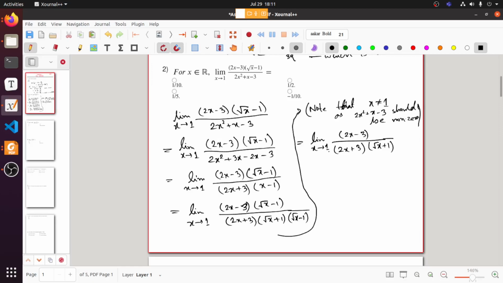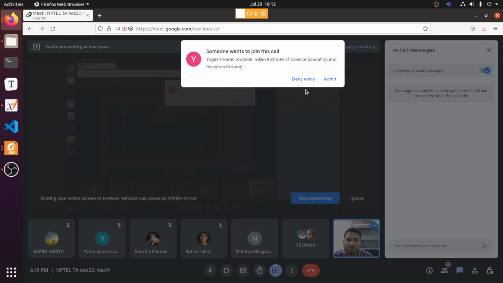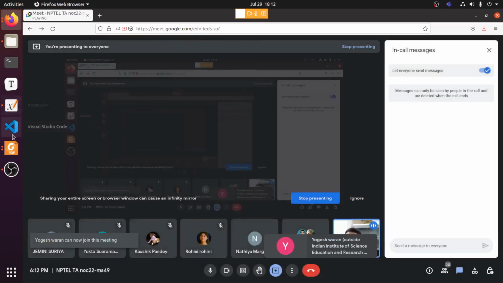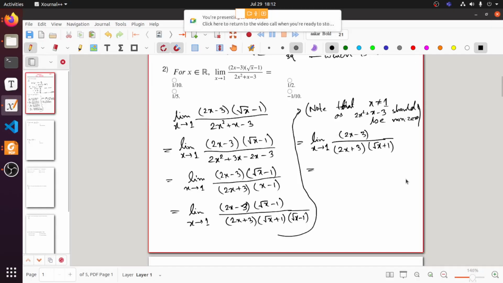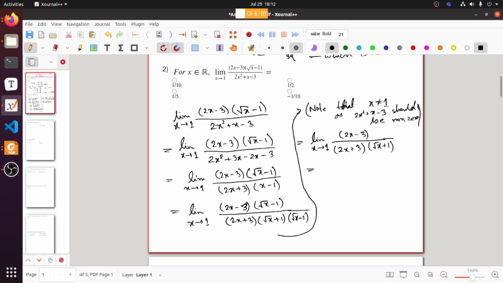Okay, now what will be the limit? Now there is no problem, right? So now you can evaluate the limit. So what will be then the limit? It will be minus 1 in the numerator, and in the denominator it will be 5, so it will be minus 1 by 10, right?